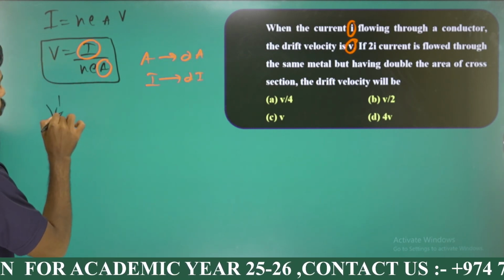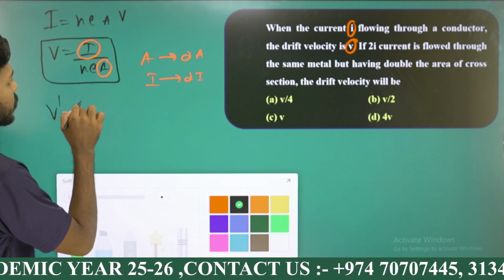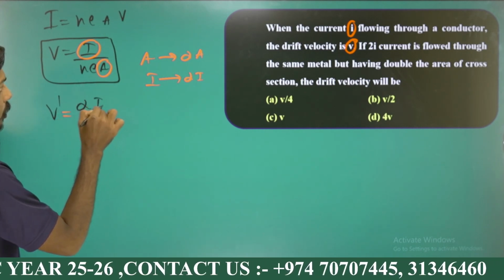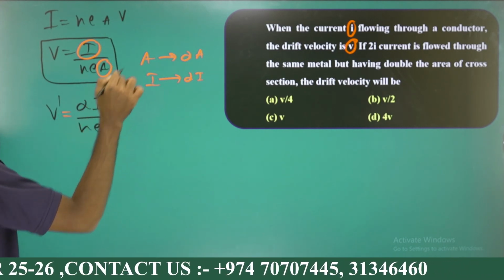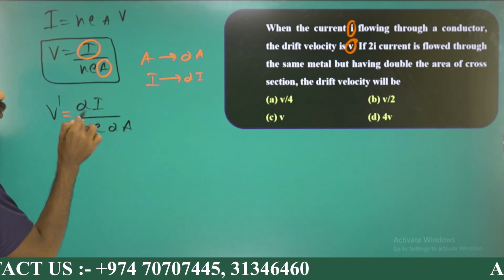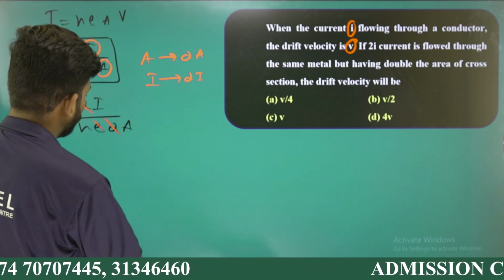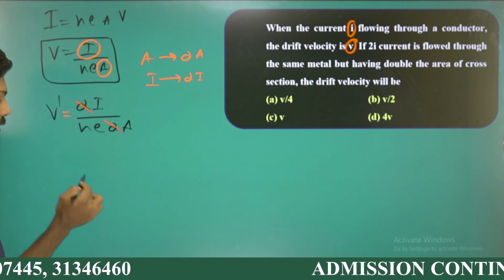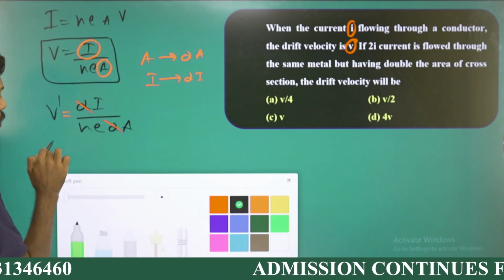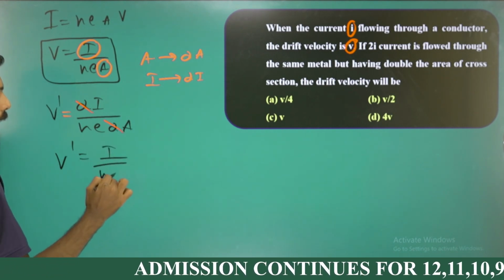Putting these two values, we end up with an answer like this. I is replaced by the term 2I, and A is replaced by the term 2A. The 2 and 2 easily cancel each other. So the final equation is V dash is equal to I divided by NEA.